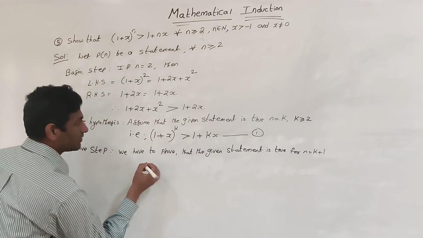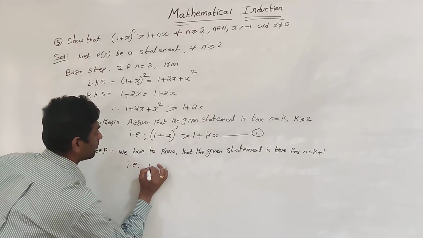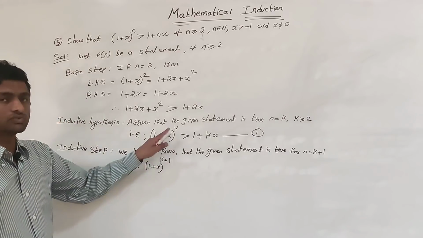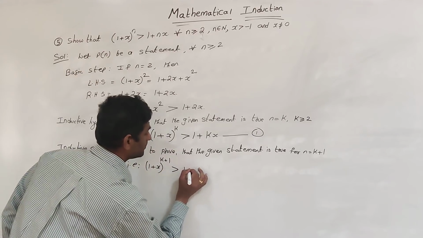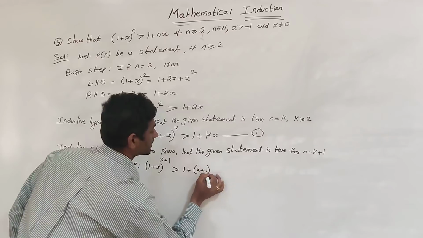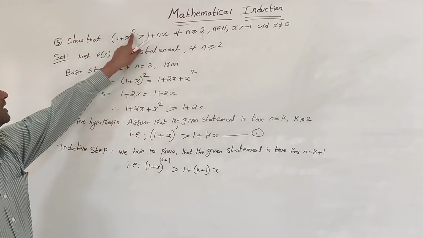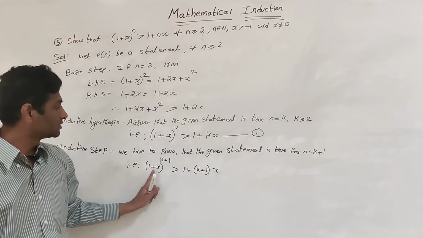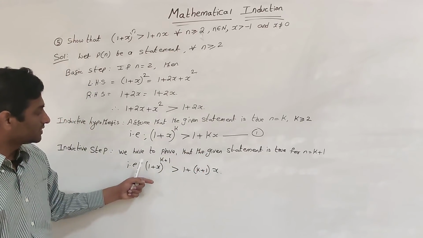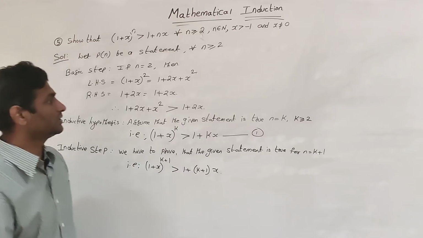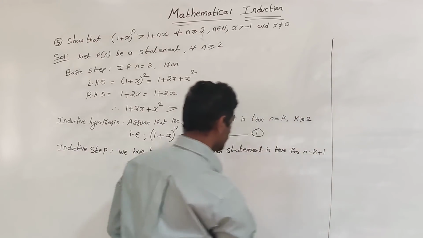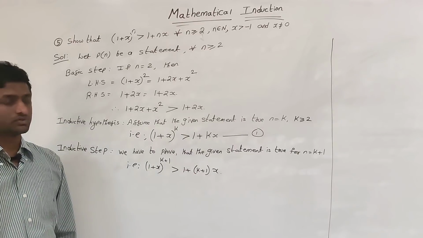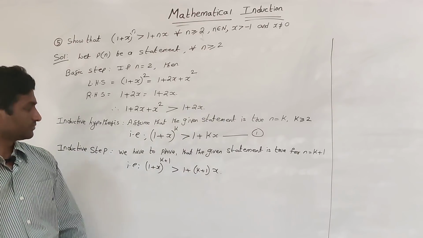What we have to prove is that (1 plus x) to the power of k plus 1 is greater than 1 plus (k plus 1) times x. That is our statement; in the place of n it is k plus 1. So let us take (1 plus x) to the power of k plus 1, and we'll prove that this value will be greater than 1 plus (k plus 1) times x.